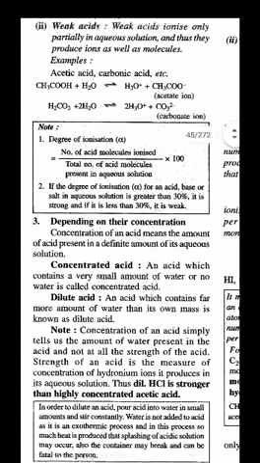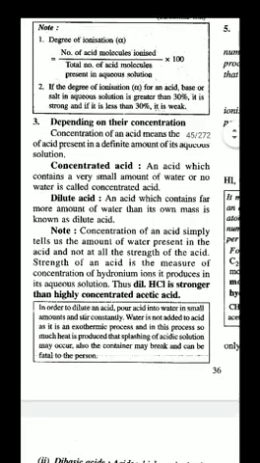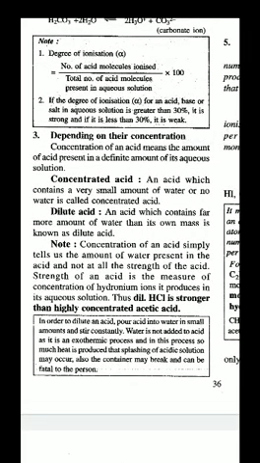Now children, based on their concentration: dilute or concentrated acid. Children, I will tell you a simple example. If Mama tells you to prepare Rooh Afza sharbat, right? Mama prepares it diluted and we prepare it concentrated. What does it mean? Mama adds a sufficient amount of sharbat and water. We add more sharbat and less water.